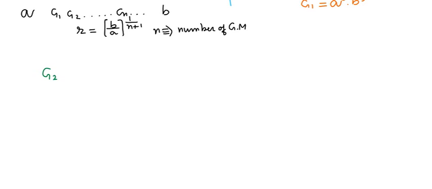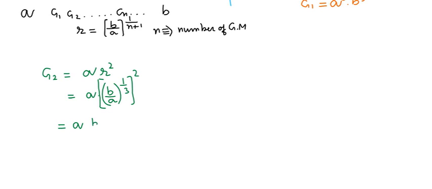G2 will equal ar square. Okay, a is the first term, r is (b by a) raised to the power 1 by 3, whole power 2. Then we will have a, (b by a) raised to the power 2 by 3, power will be multiplied here.